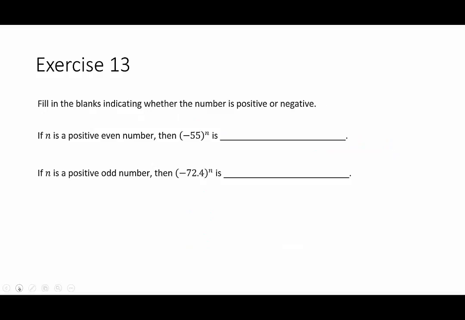So let's fill in the blanks to indicate whether the number is negative or positive. If n is a positive even number, so the exponent here is going to be positive, and it's also going to be an even number, then negative 55, oh that's right, positive means it's going to be positive.